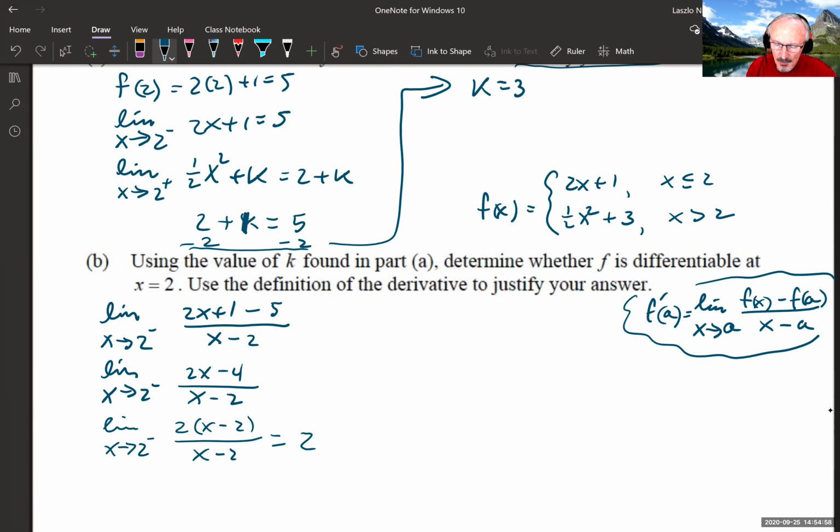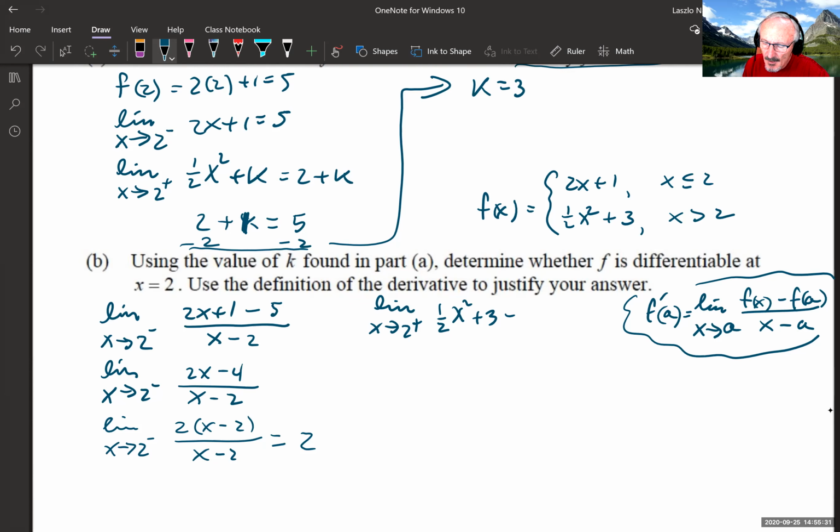We also need to find and check out the limit as x approaches 2 from the right for this function, and there the definition changes to 1/2 x squared plus 3. That's the f of x portion. Then we have to find f of a. So when we plug in x equals 2 to evaluate f of a, what do we get?